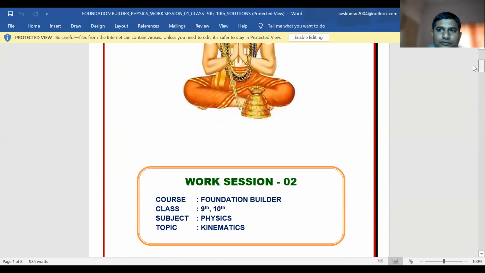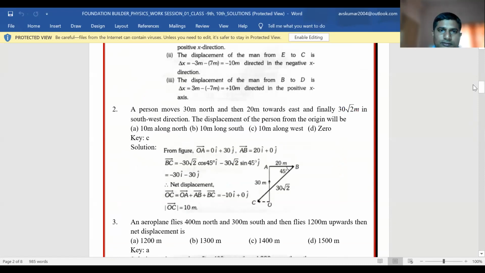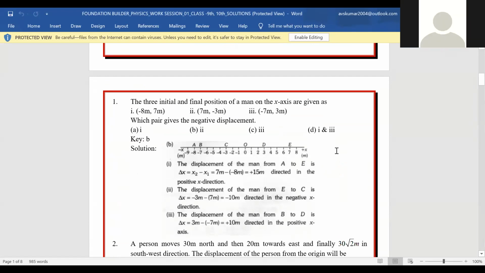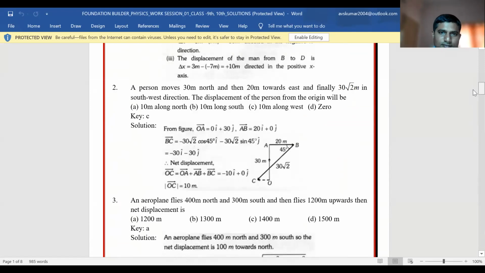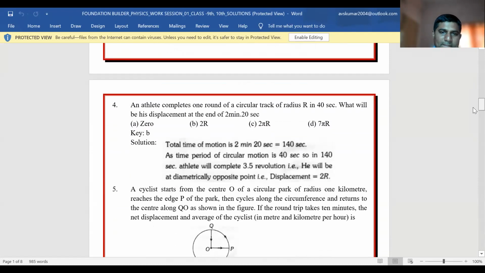Work session 2, foundation 9th and 10th. Now you are able to see? Question number 1, solution is there or not? Yes, sir.